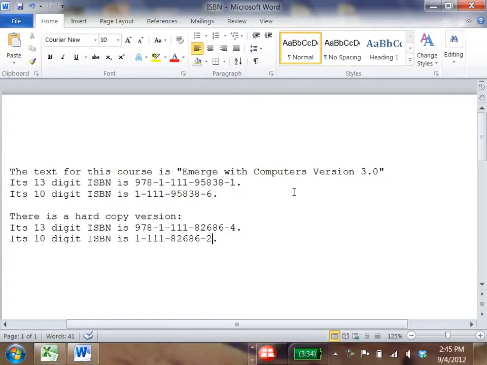Now, there are versions of this from previously. Okay? So here is version 2 of this. It's not the version we're using, but I think it'll do for this class.